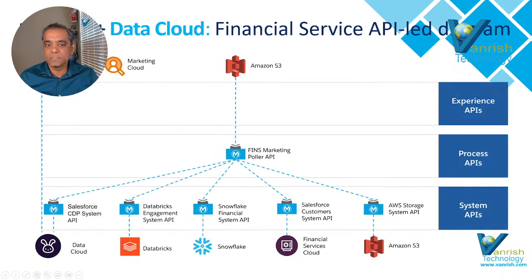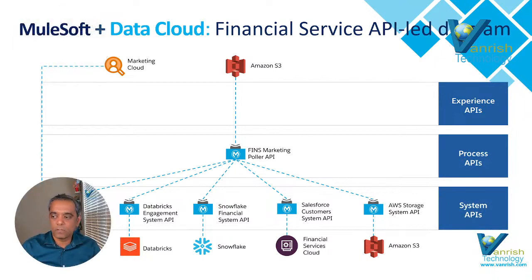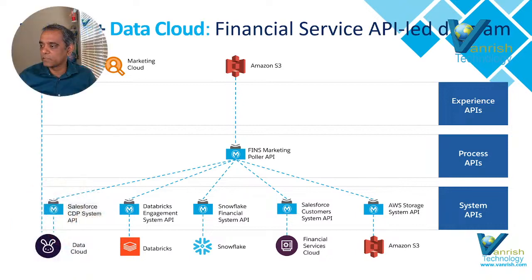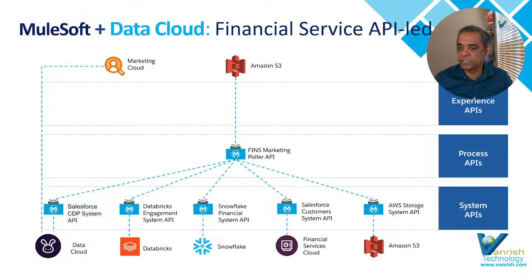So this is your API-led connectivity architecture. I am just switching so that you can see the whole picture of the MuleSoft Data Cloud financial services API-led architecture. If you look closely at how it is configured within the MuleSoft architecture, data is coming from Amazon S3 through a system API.